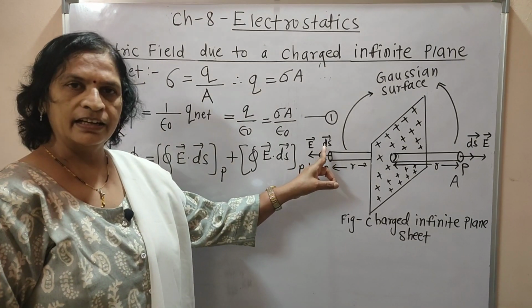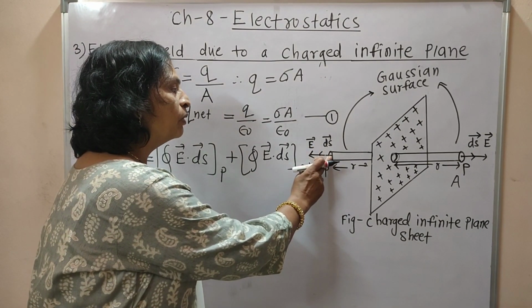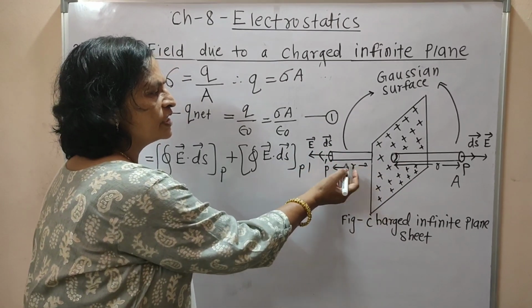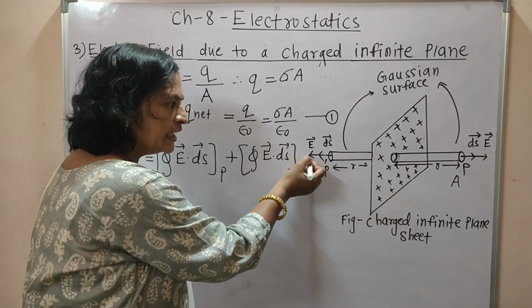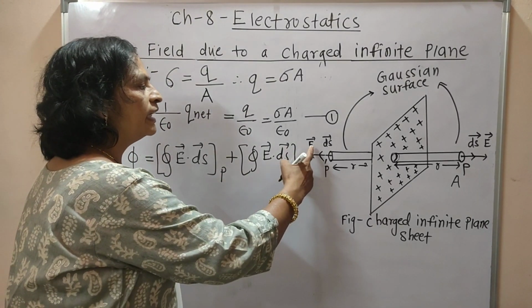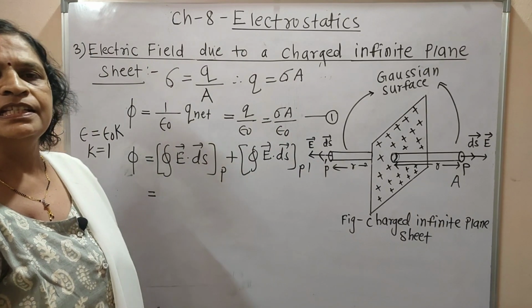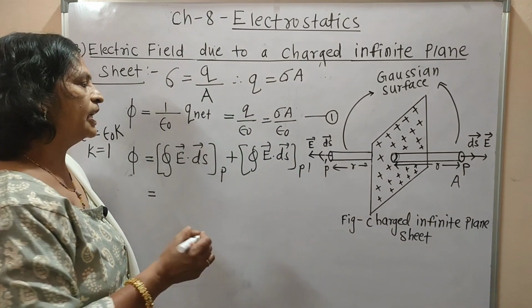The area vector is always perpendicular to the surface, and the sheet is positively charged, so the electric intensity is in the same direction as the area vector.